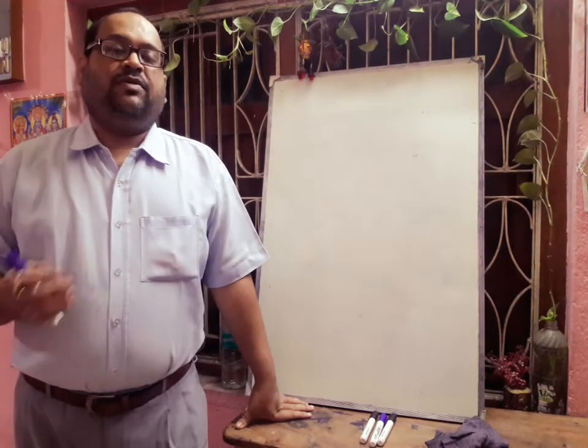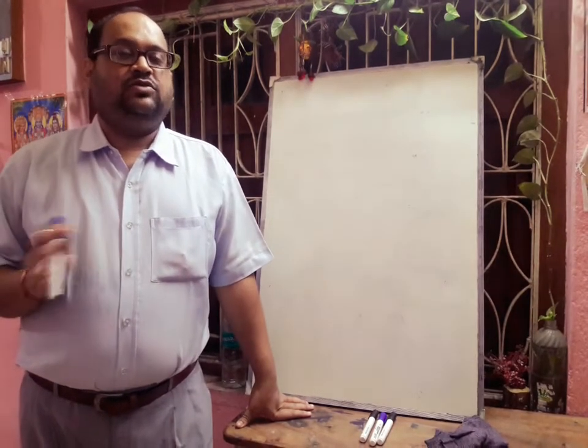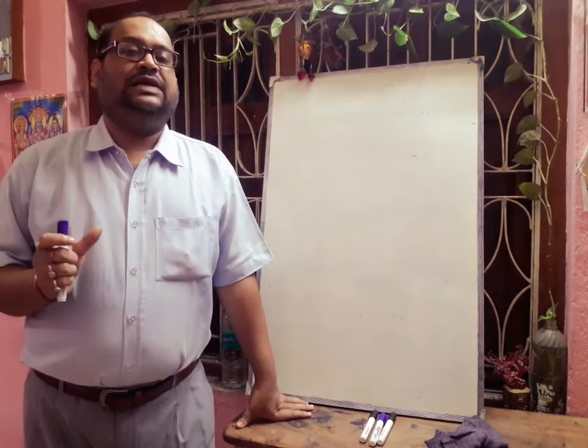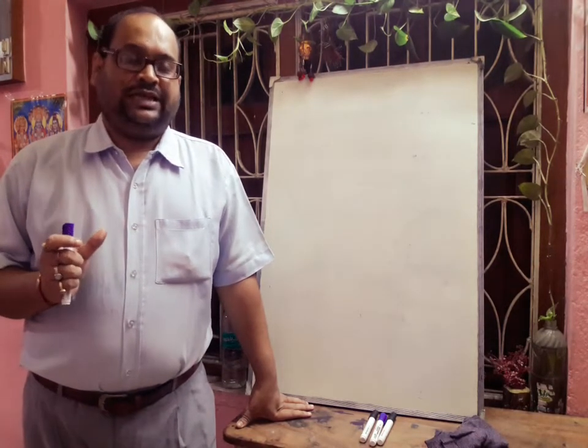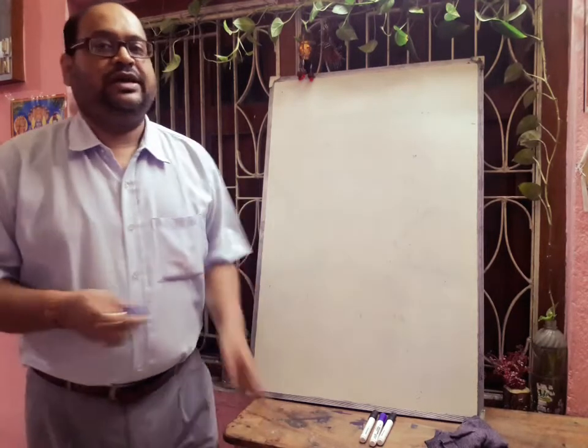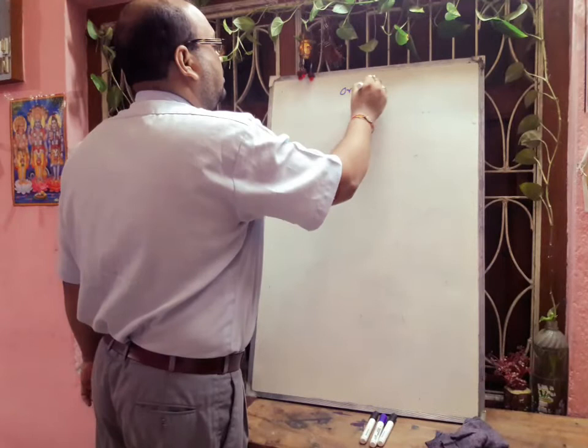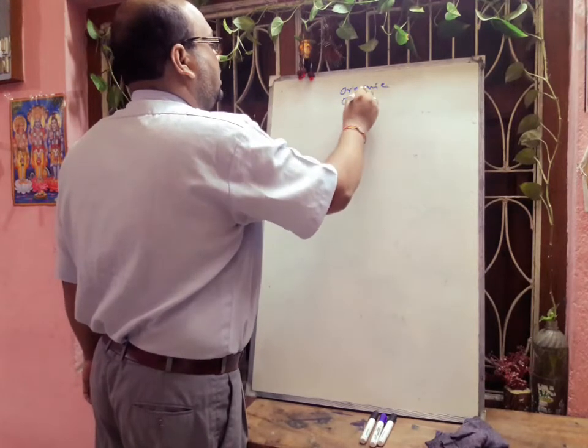Organic compounds may be classified into two types: one is the chain type of compound, another is the cyclic, closed chain or ring type of compound. So next we will discuss the classification of organic compounds.